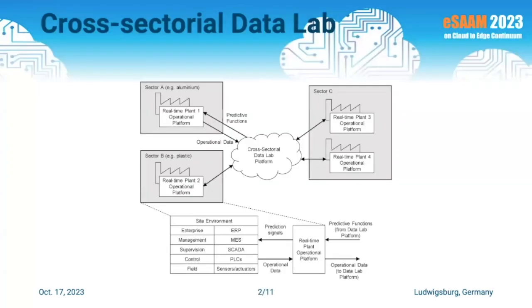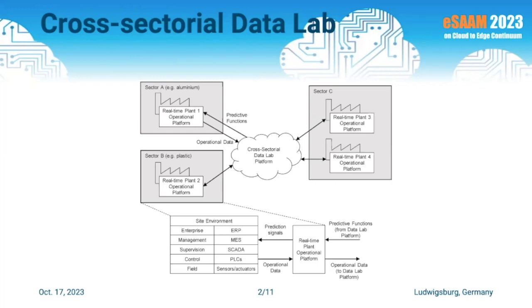So today I will speak about our architecture for cross-sectorial applications, which is called the Cross-Sectorial Data Lab. The main idea is to deploy this application for solving mainly industrial applications based on predictive control and predictive maintenance.